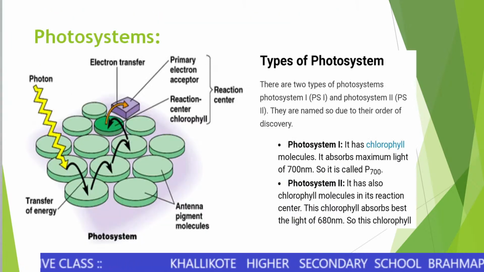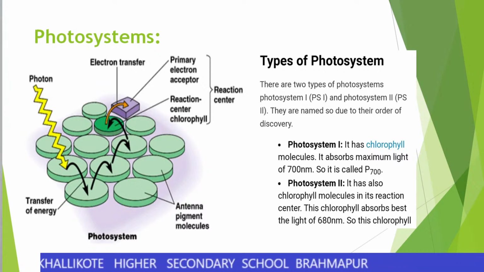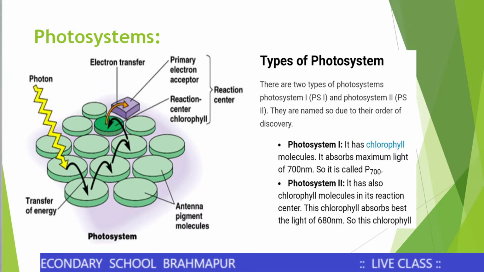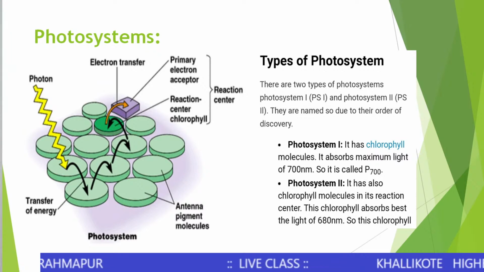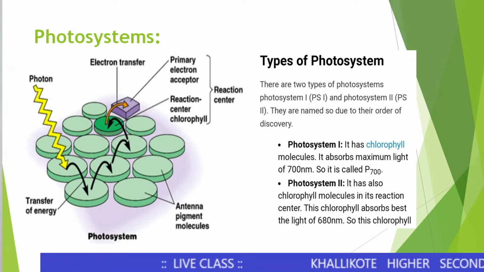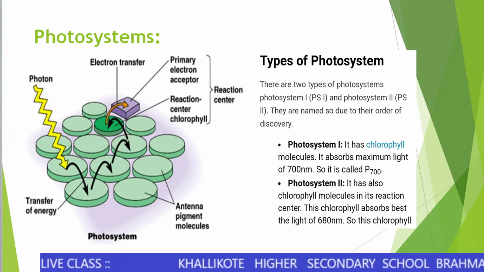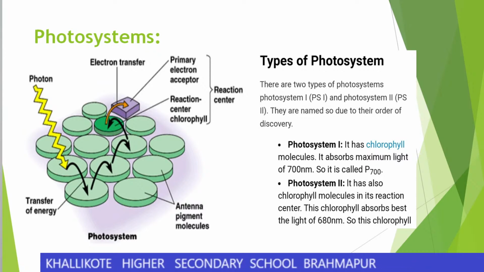So what are photosystems now? Before going to the mechanism of photosynthesis, it is necessary that we understand what photosystems are. Photosystems are collections of photosynthetic pigments along with different electron carriers and proteins associated with them.